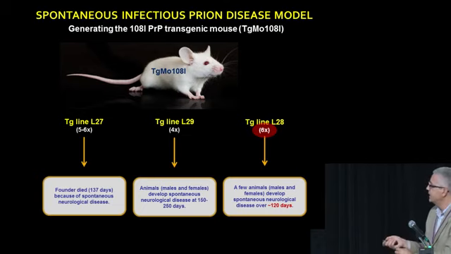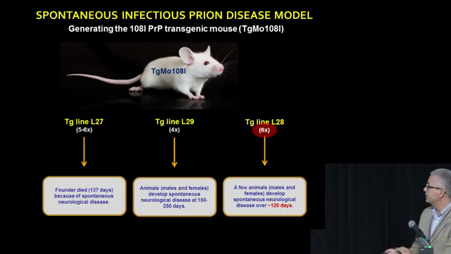The second line, with 4x, both genders show the same spontaneous neurological disease with a very big window, from 150 to 250 days. And the third line, with a little lower amount of PrP, shows the same disease at around 300 days.